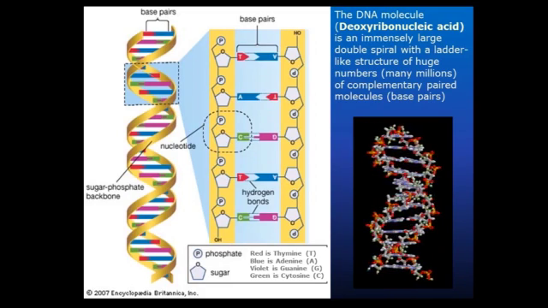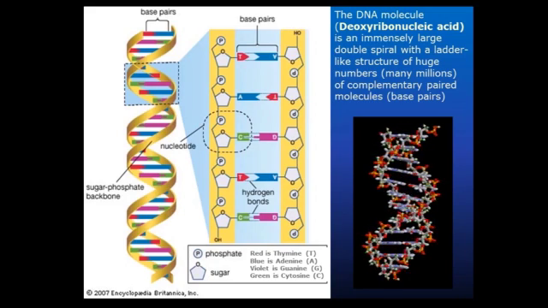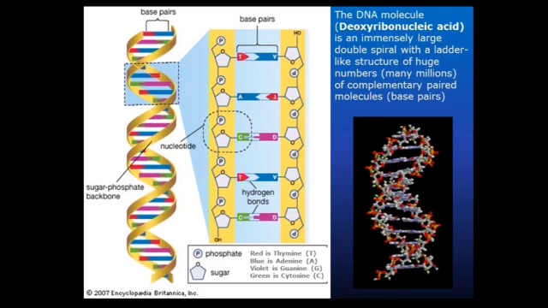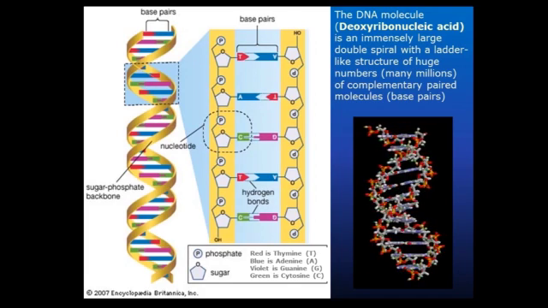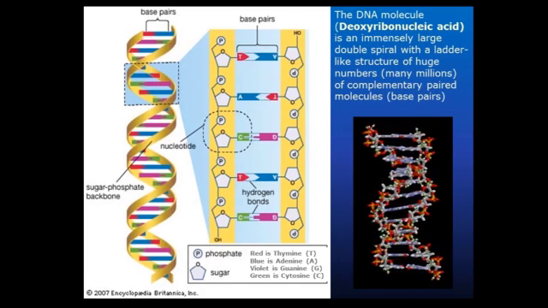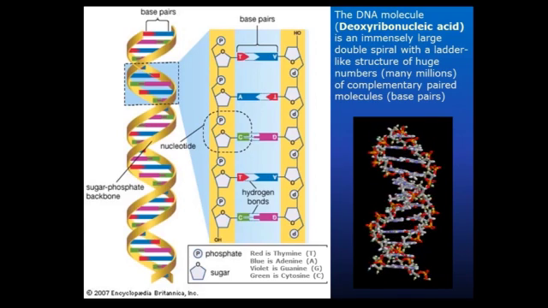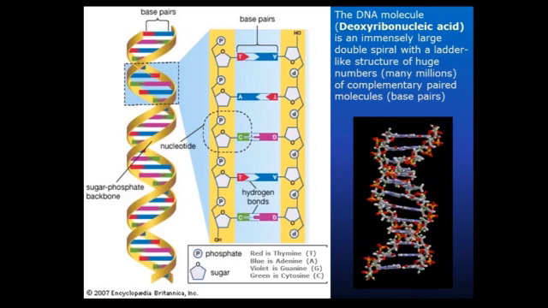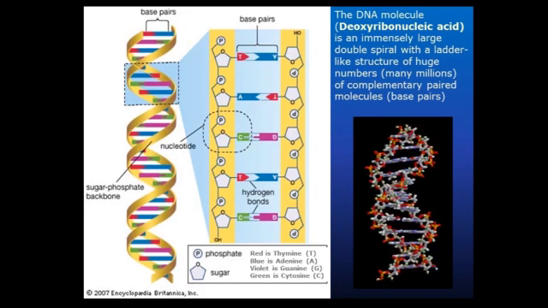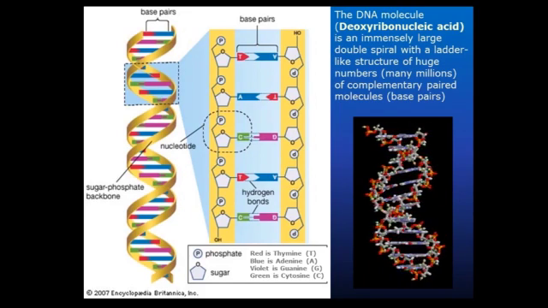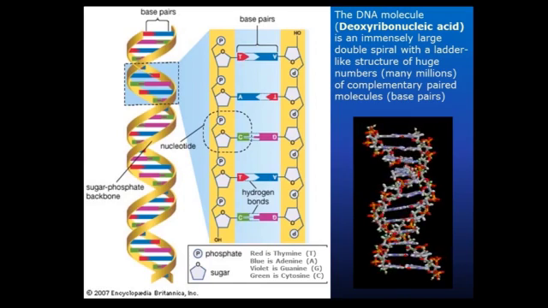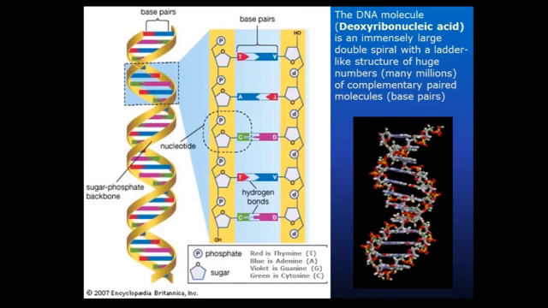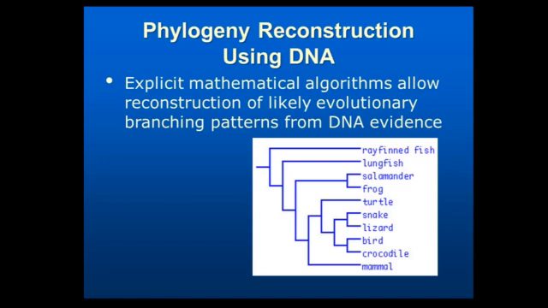But that plant's genome will have millions and millions of characters, base pairs. They're basically a character like measuring the width of a leaf or looking at the color of a flower. And it's those huge numbers that give us confidence that we're getting closer to the right answer.